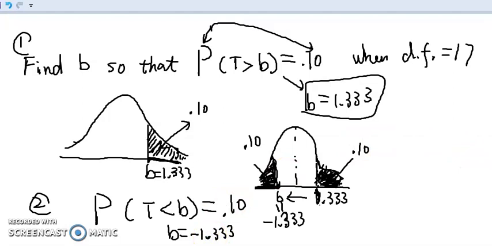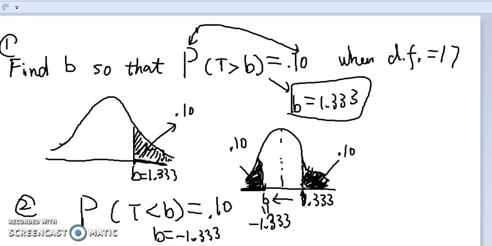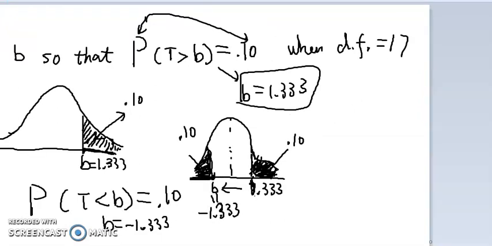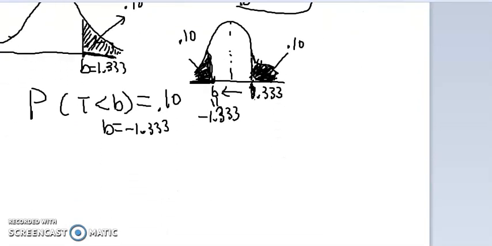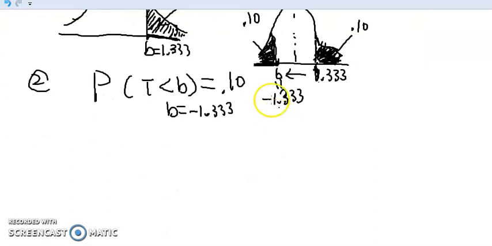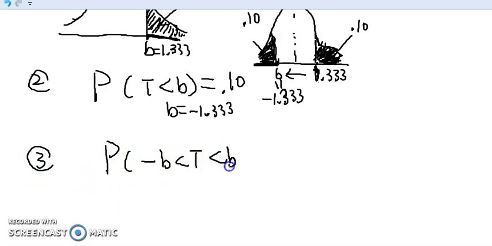Now next we're going to do a case with, let's say, in between. So suppose we have the probability that negative b is less than t less than b is equal to 0.90.